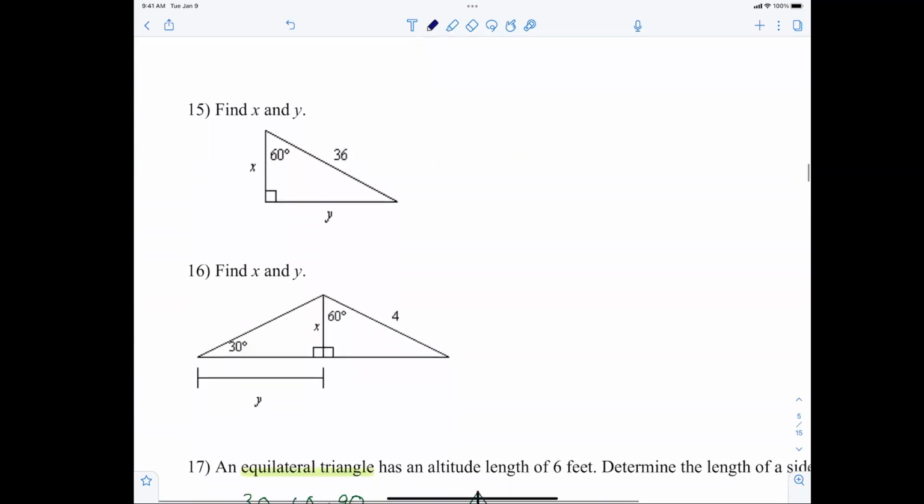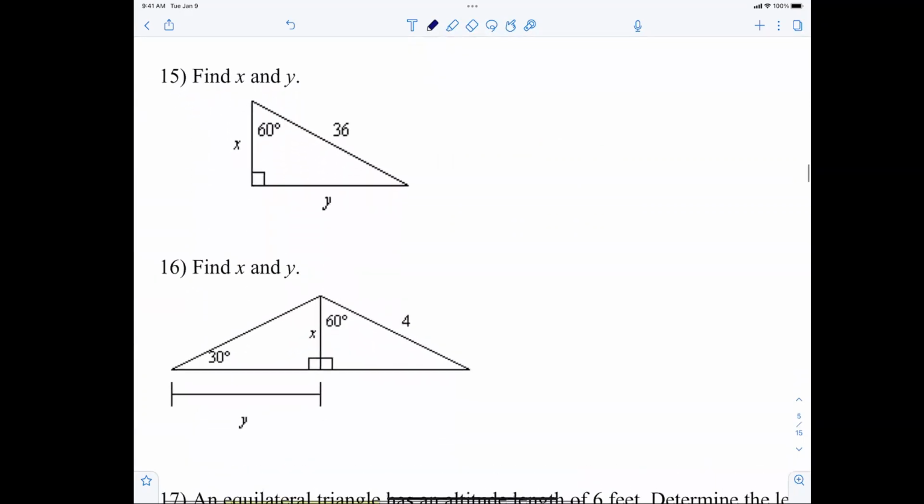Now we're dealing with the 30, 60, 90. And I explained all the rules here yesterday too. So everybody should have gone home and just said, let me look at the explanation, let me look at the rules and I can tell you what X is. What is X? 18. And what is Y? And when I say I want the exact answer, those would be the exact answers.